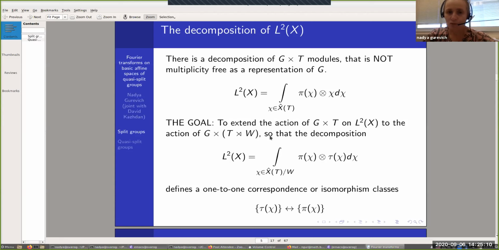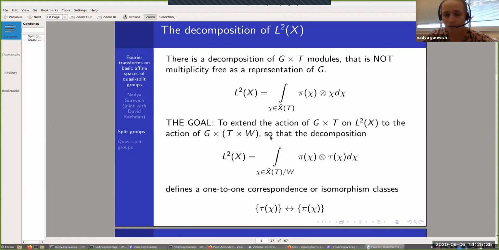And if you are lucky, you will exactly get a one-to-one correspondence between representations, sometimes between subsets of these representations. Okay, so a similar idea stands behind the theta correspondence and many other beautiful correspondences in representation theory.